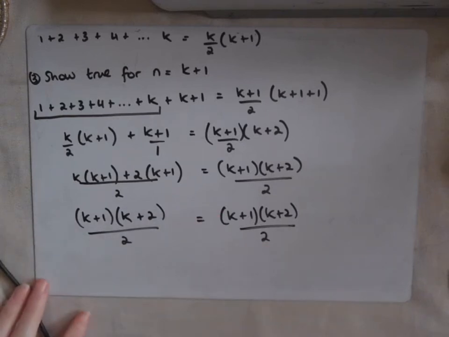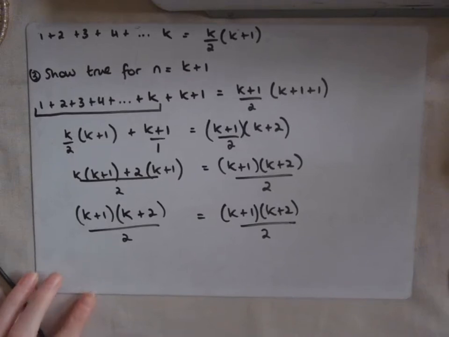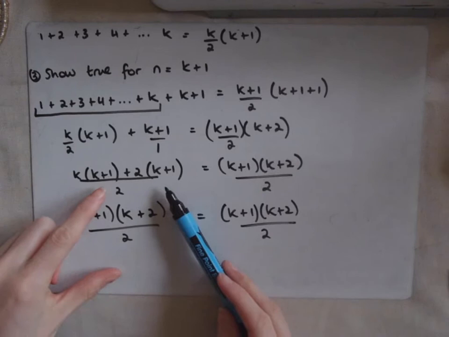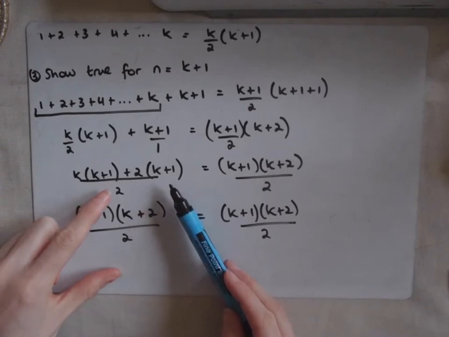Okay, now again with this proof it's really important that you state the following words, okay? How did you go from the second last line to the last? Like, do you not multiply the k by k and get k squared? No, so what I said was here, k plus 1 is common. So I factorised out the k plus 1.